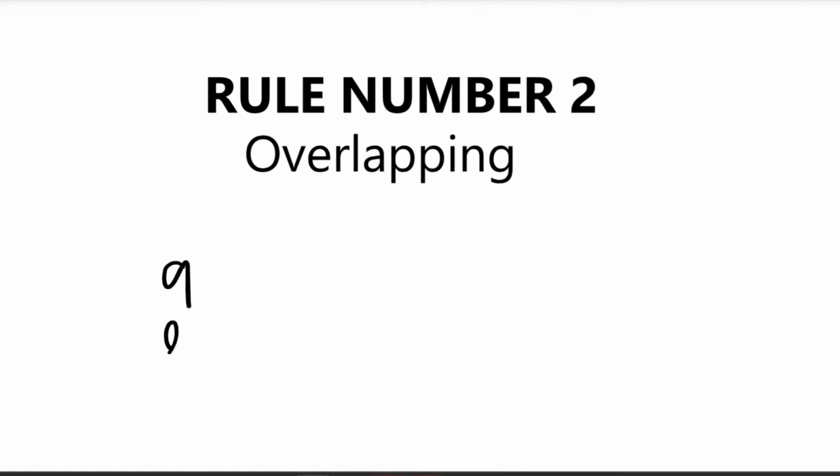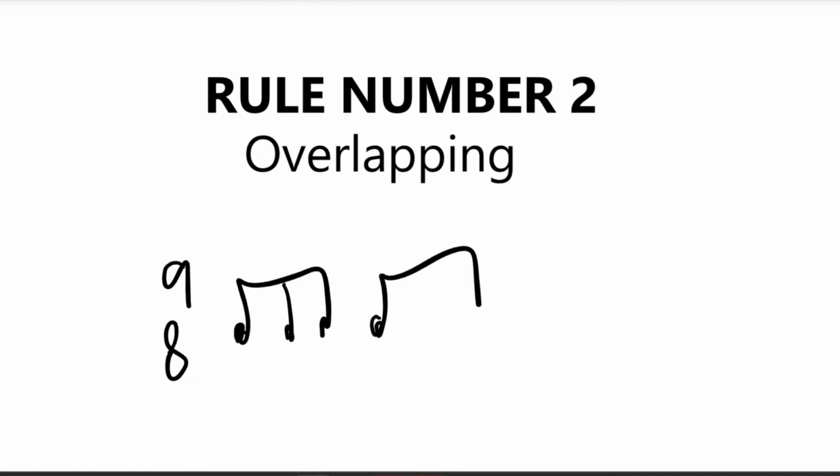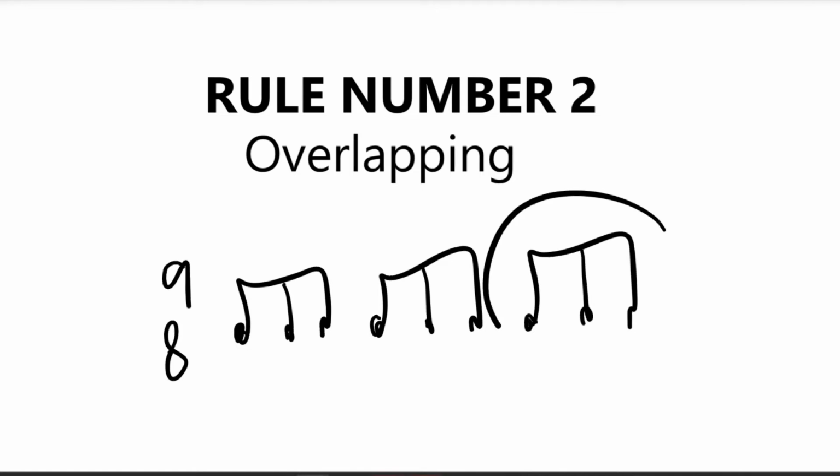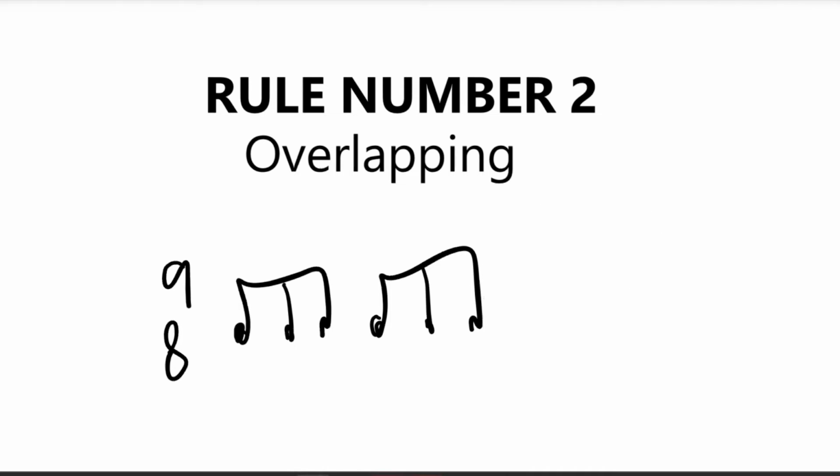Or for example, 9/8, where again, I've got 3 groups here. This cannot be split down the middle. So each and every group has to be treated individually, and no overlapping can happen between them. So that would be a dotted crotchet there, as would that. So I'm not allowed to simplify in this case.